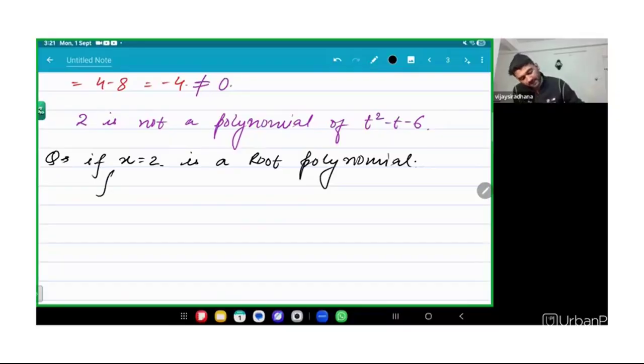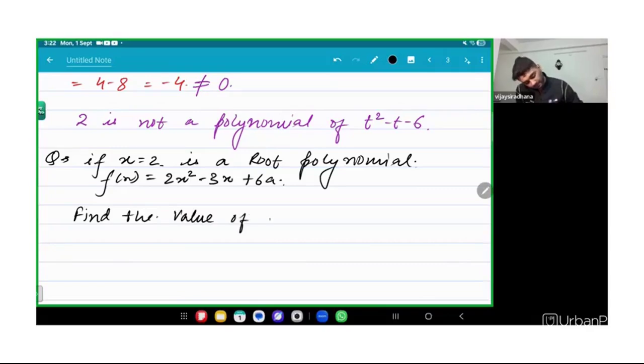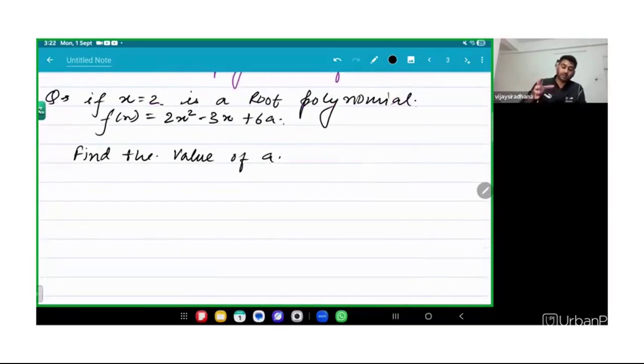Now what is the polynomial? f of x is equal to 2x square minus 3x plus 6a. And what is asked? Find the value of a. Now over here, student, they are already telling us that x is equal to 2 is a root of this polynomial, which is 2x square minus 3x plus 6a.